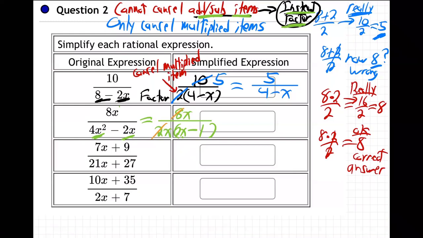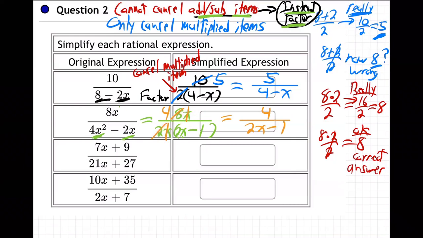But 2 goes into 8 4 times, and x cancels x. Same result. So what do we get there? We're going to get 4 is all that's left on the top because the x is canceled. And on the bottom, 2x minus 1. Again, you don't need the parentheses on the bottom because there's nothing to separate it from any longer. The stuff that was out front, 2x, is gone. Make sense? 2 into 8 4 times, and x canceled x.